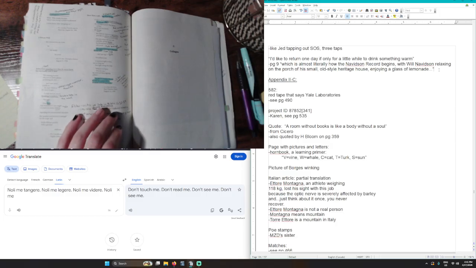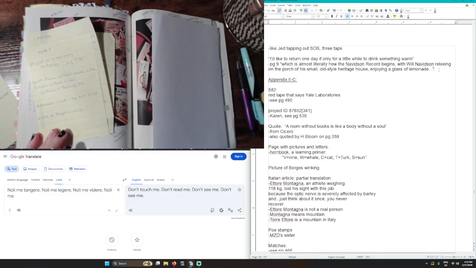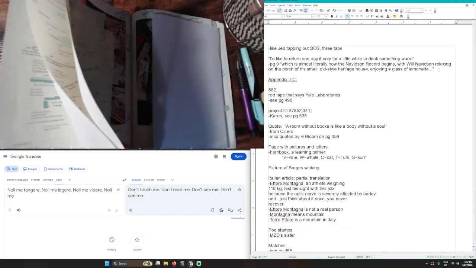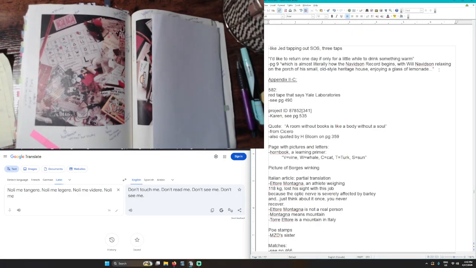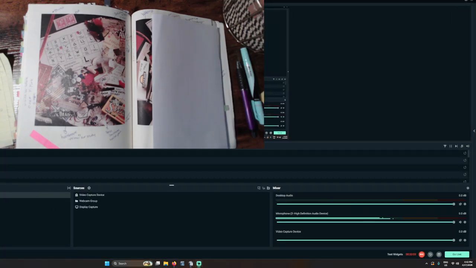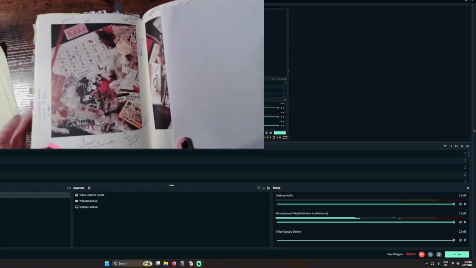Okay. Appendix 2C. These collages. Let me just put my notes back here. I'm just going to check again because it's very important that you see these, that this is in focus here.